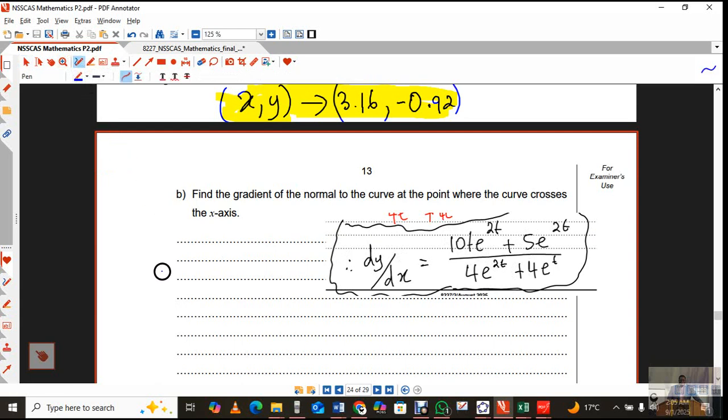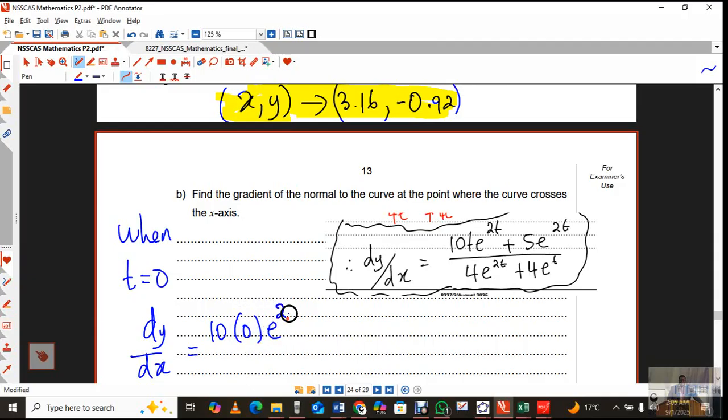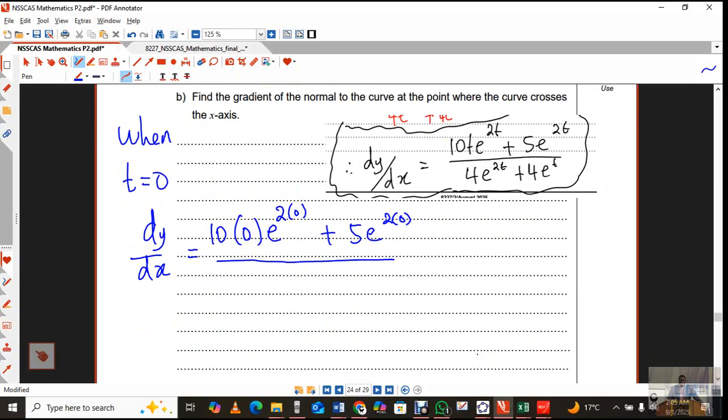So when t is equal to 0, dy/dx is equal to 10 times 0 times e raised to the 2 times 0 plus 5e raised to the 2 times 0, over 4e to the 2 times 0 plus 4e to the 0.